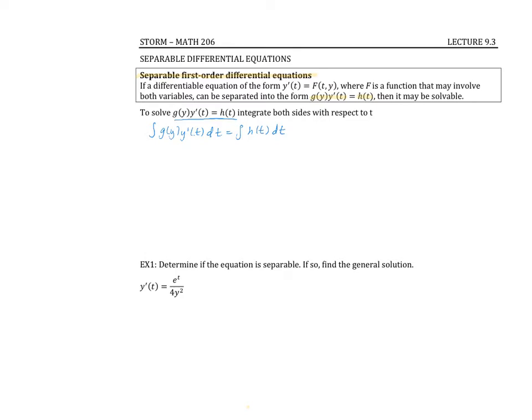Okay, so remember what y prime is. y prime of t is equal to the derivative of y with respect to the derivative of t. On the left-hand side, I can rewrite y prime as dy over dt.